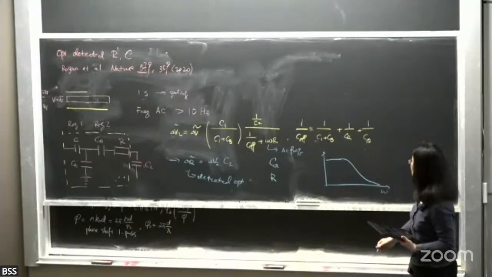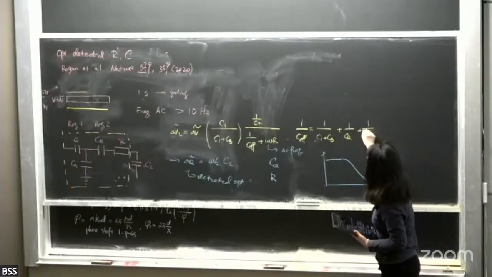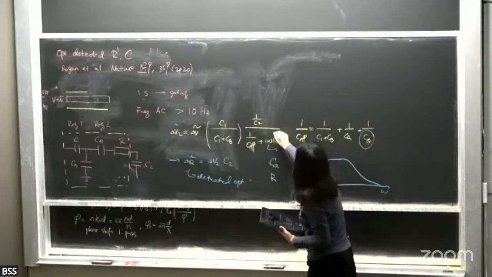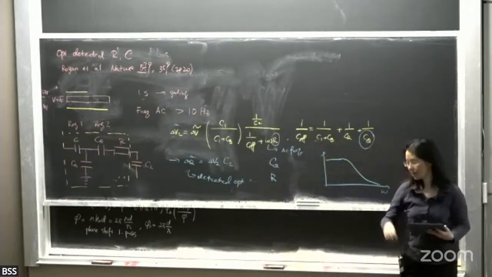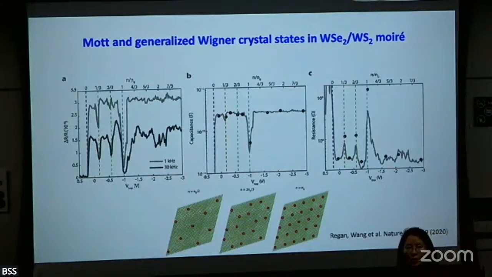You get this curve and you fit it, and you will be able to get this quantity and that one. So this is the main idea. Let me just show you some results. And tomorrow I will talk about a different measurement scheme.